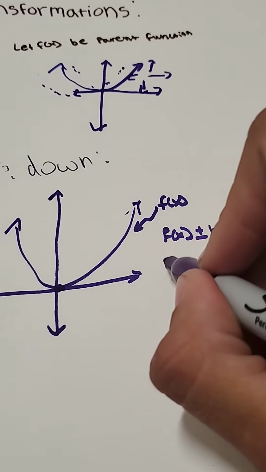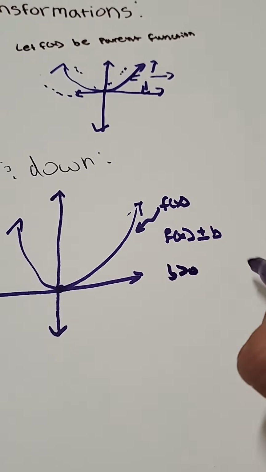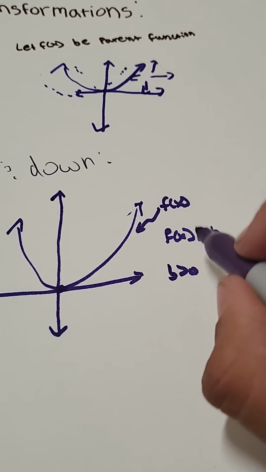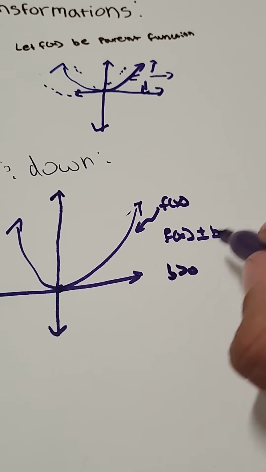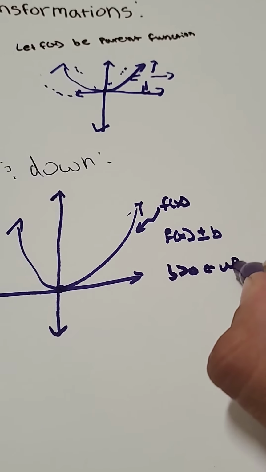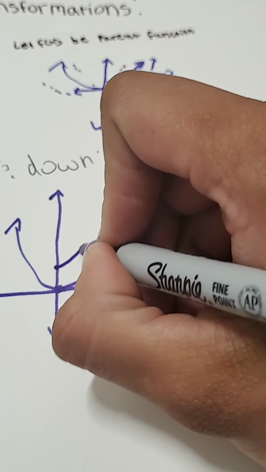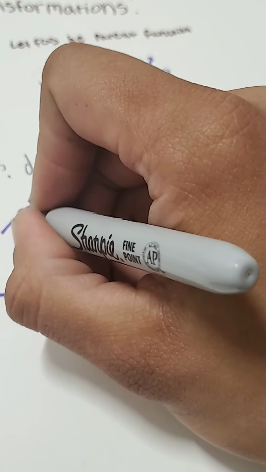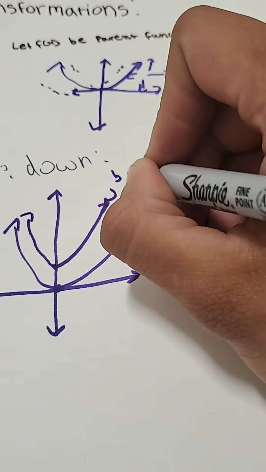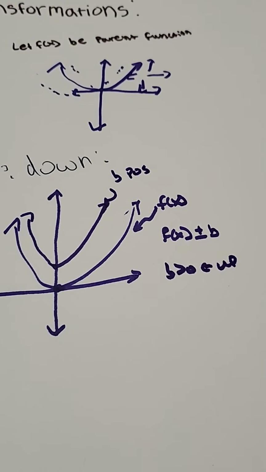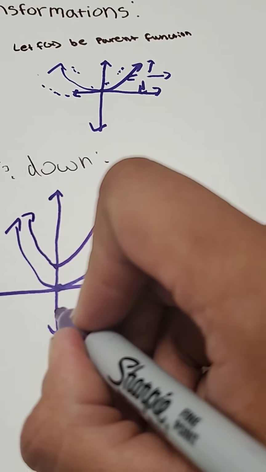So if b is positive, it translates up. If b is negative, it moves down.